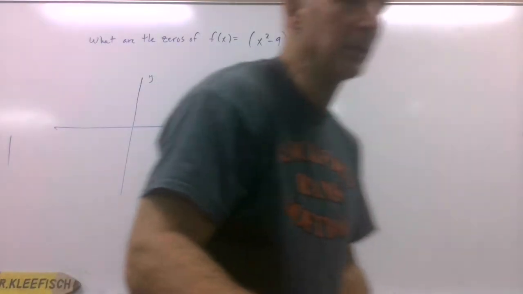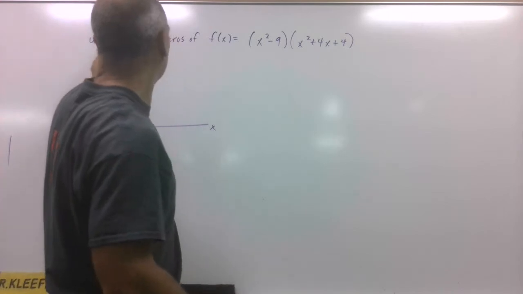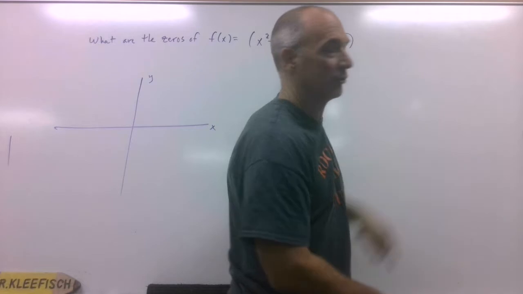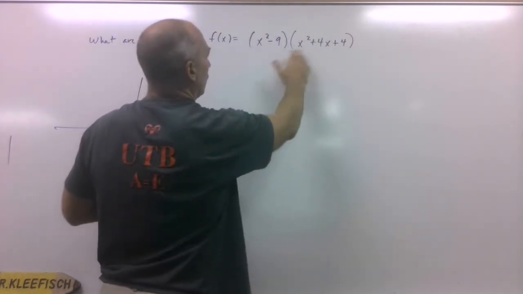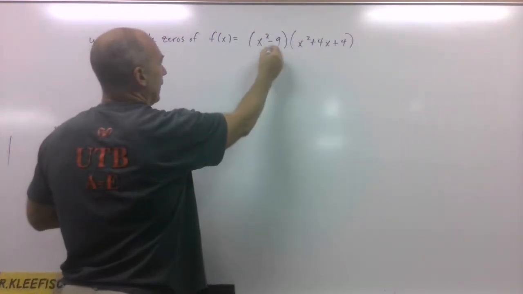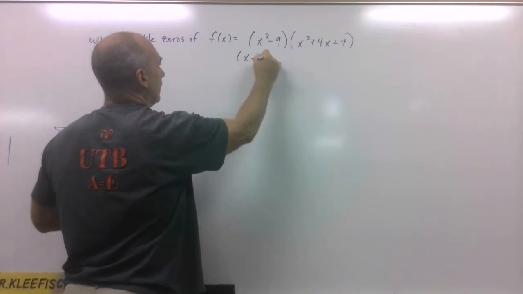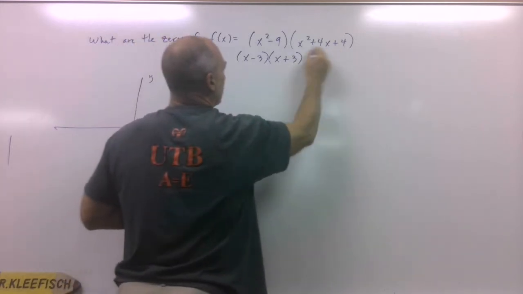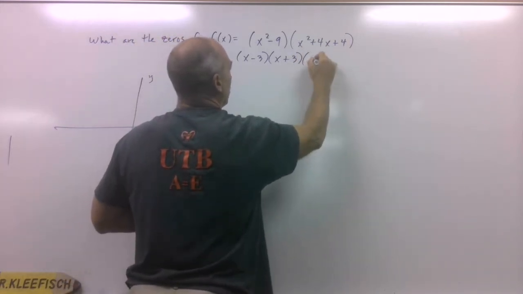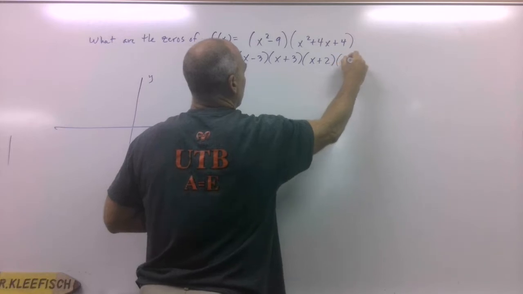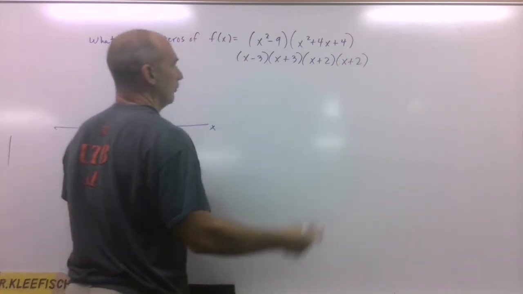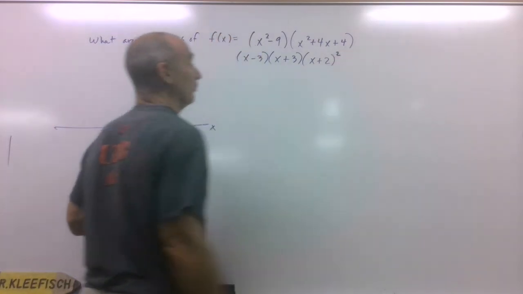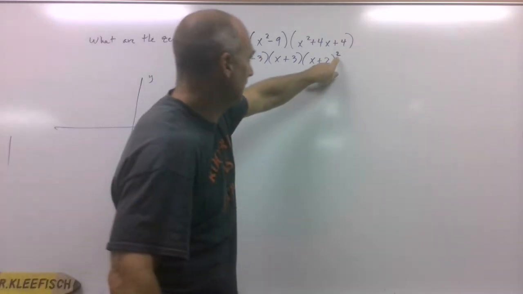Okay, slightly different. So it says, what are the zeros of this? And I didn't put that, but and graph, sketch. So we look at this, we're like, uh-oh, it's not completely factored. So you're like, hey, difference of 2 squares, x minus 3, x plus 3. Here, that's a perfect square trinomial. So that's x plus 2 times x plus 2, which if you were to write it like they would write it like that, which is very important to see that that is an even number.